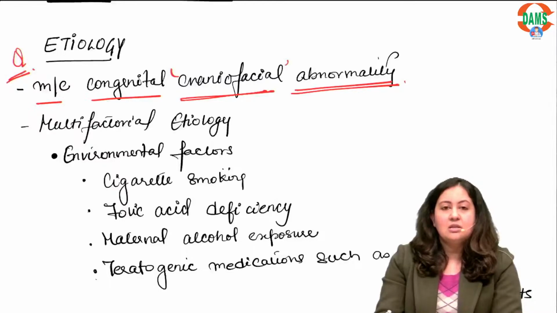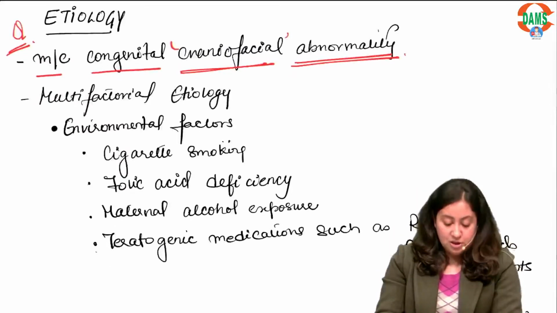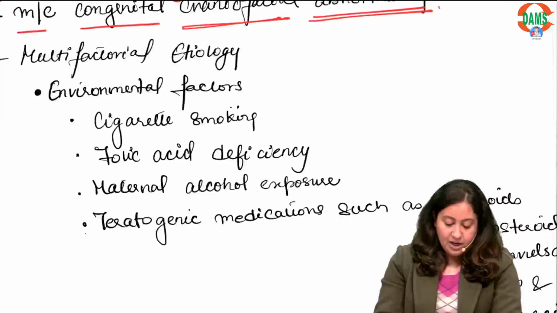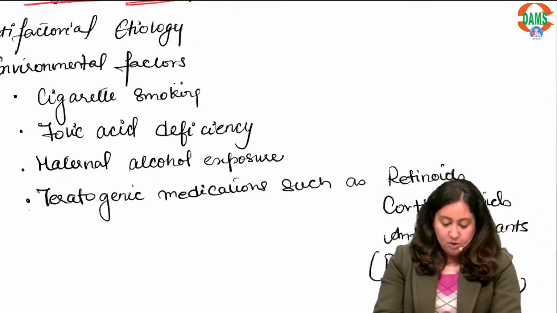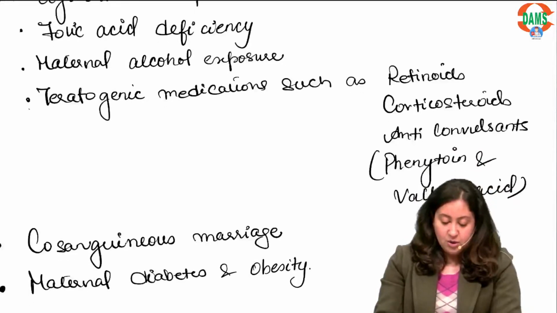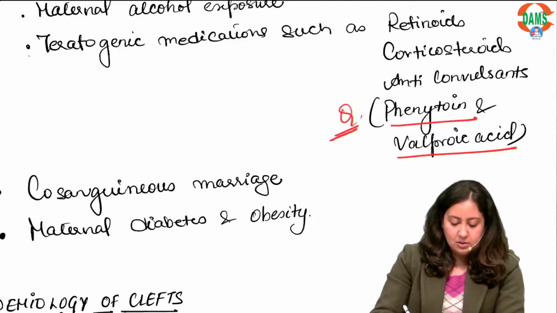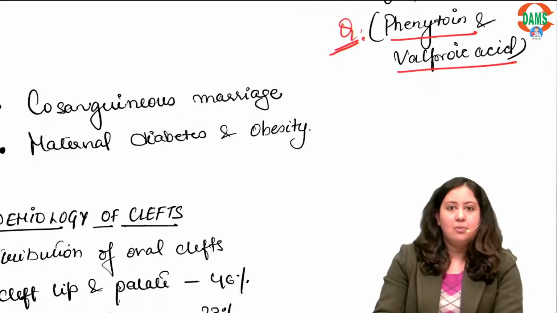That means there are certain environmental factors which are causative of this condition. So they include cigarette smoking, folic acid deficiency, maternal alcohol exposure, teratogenic medicines such as retinoids, corticosteroids, anticonvulsants. Important being phenytoin and valproic acid. These are important: phenytoin and valproic acid.